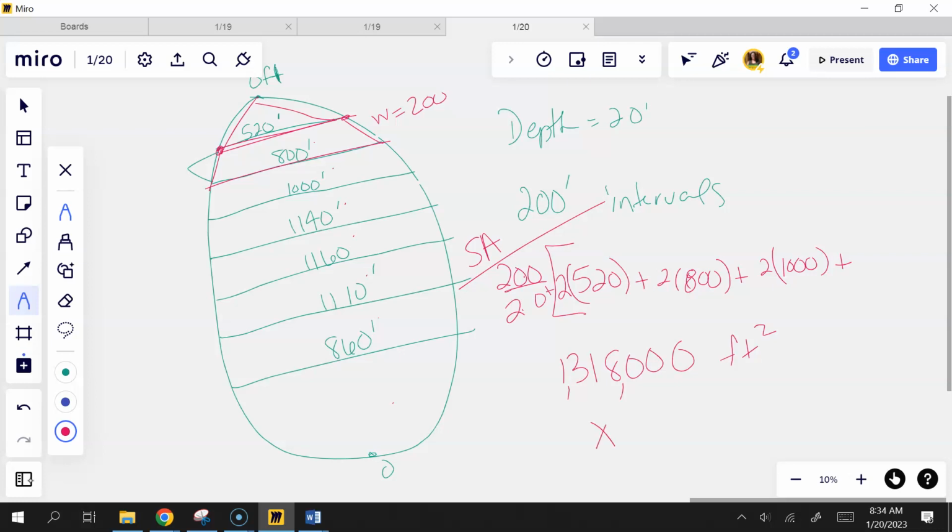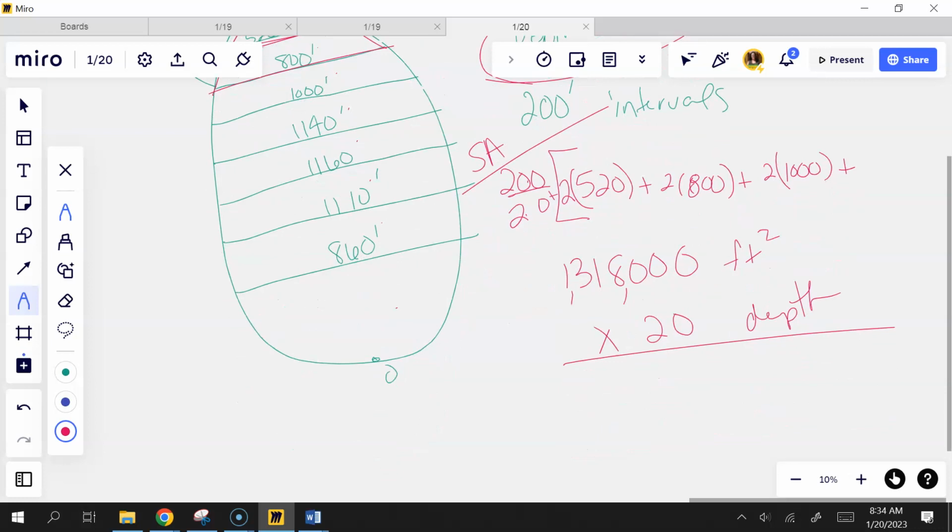So now I need to take this and times it by the depth of 20. And I get 26360 cubic feet this time. That is a lot.